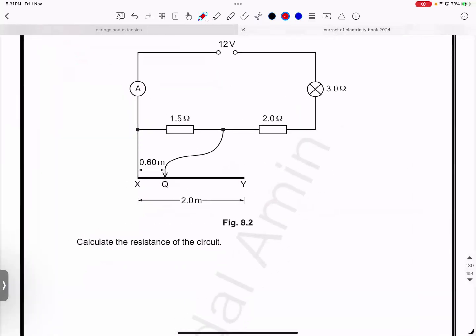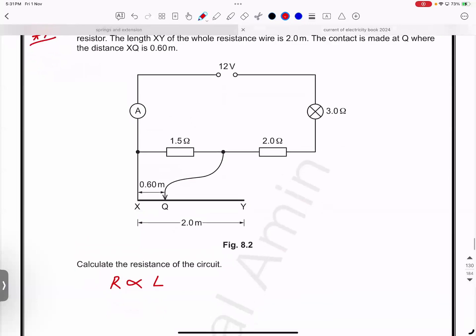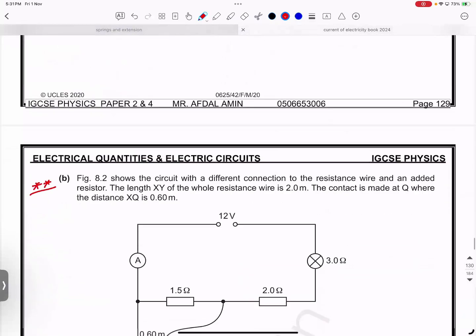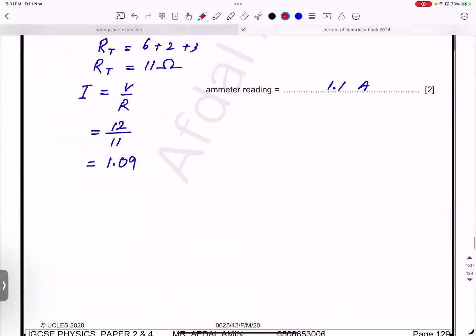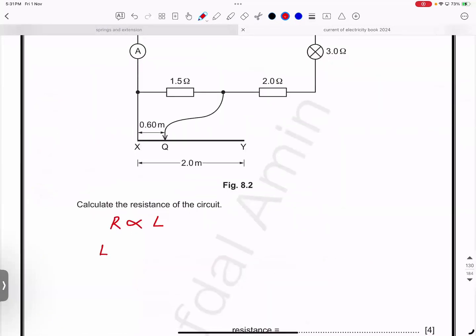So my dear students, the first section is that resistance is directly proportional to length. So previously, the length of XY was total how much? 2 meters. Sorry, 2 meters was 6 ohms. So here, length was 2 meters, resistance was 6 ohms.